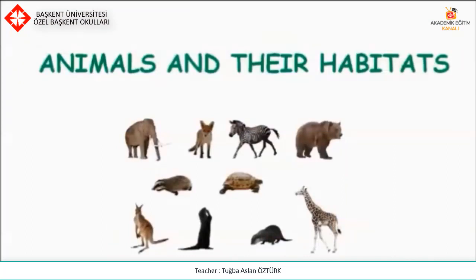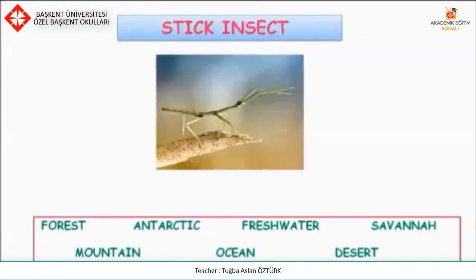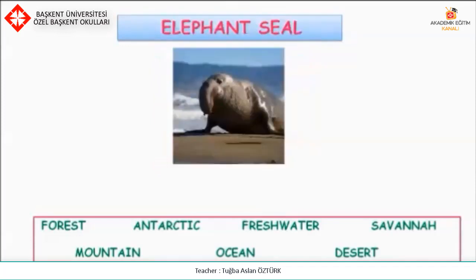Now let's see animals and their habitats. Horned viper snake. Its habitat is desert. Stick insect. Its habitat is forest. Elephant seal.